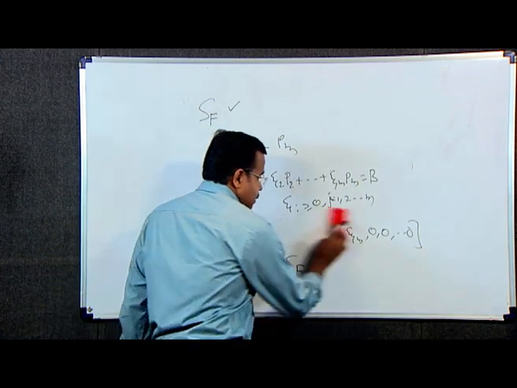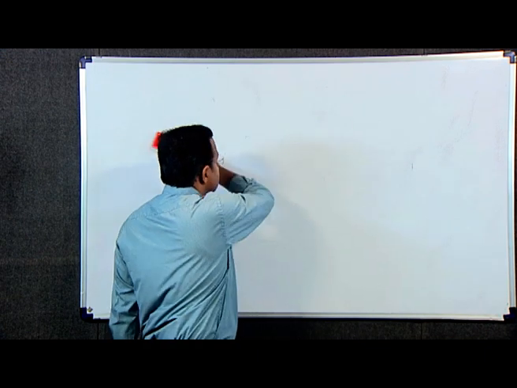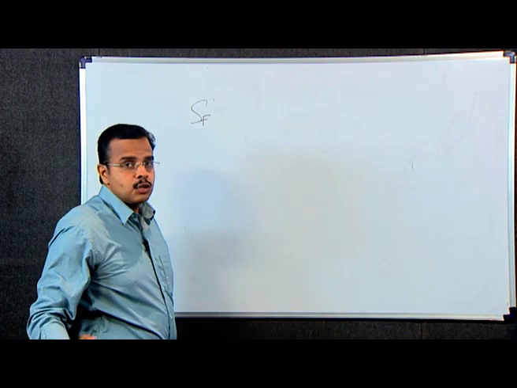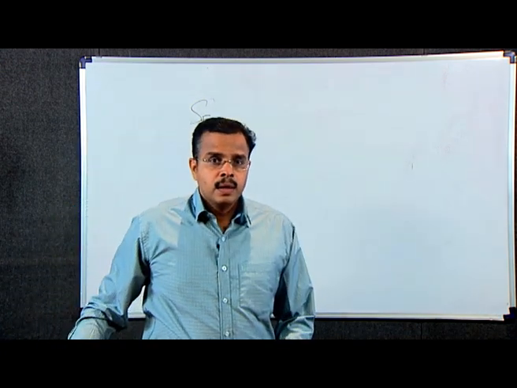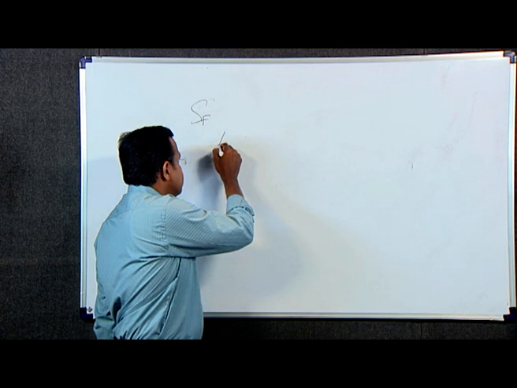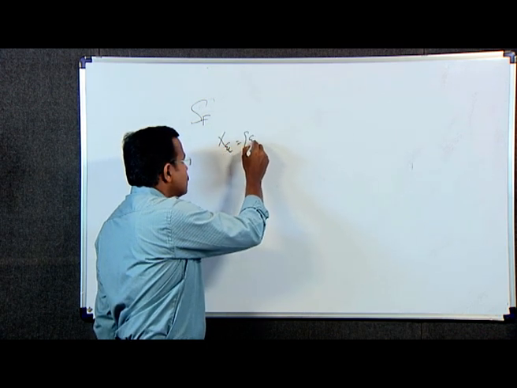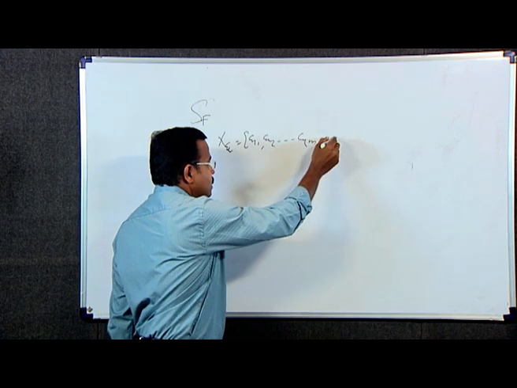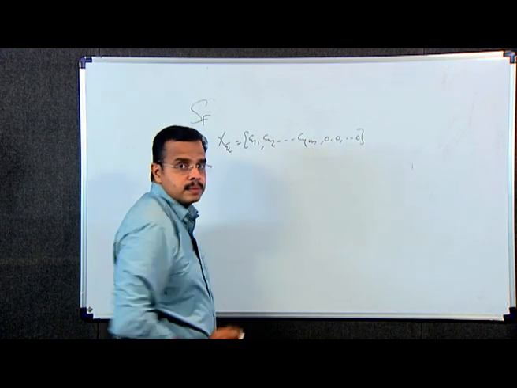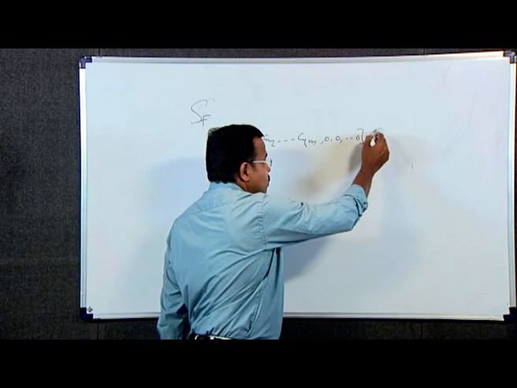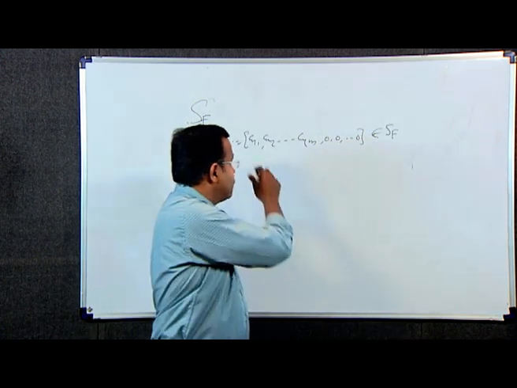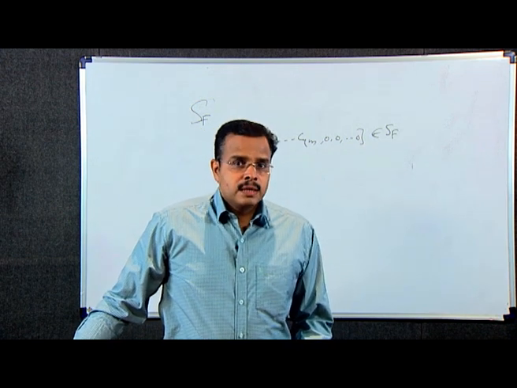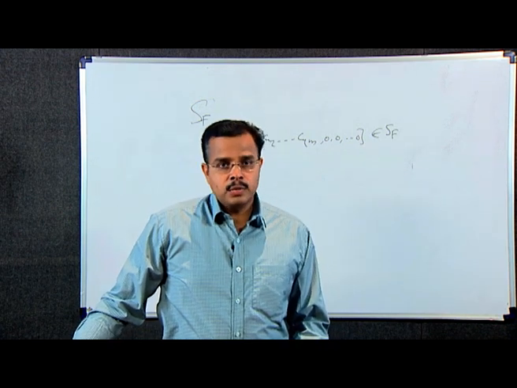You can prove it like this. Consider SF, the set of feasible solutions. Clearly xi, that is psi1, psi2, etc., psim, 0, 0, etc., 0, belongs to SF because the psi j's are greater than or equal to 0. Suppose that it is not an extreme point.